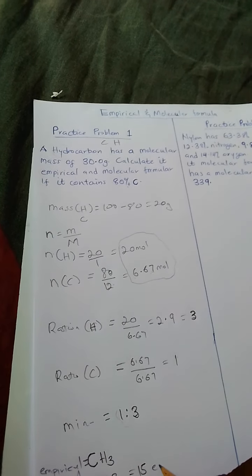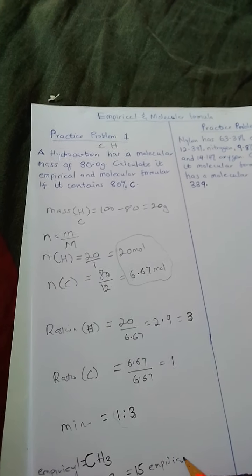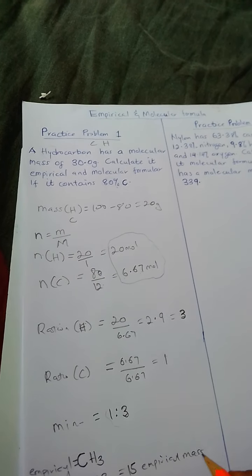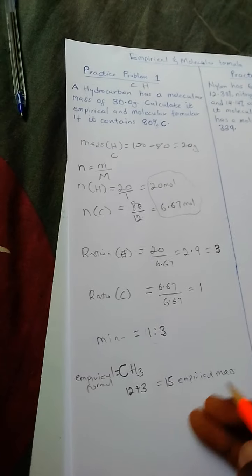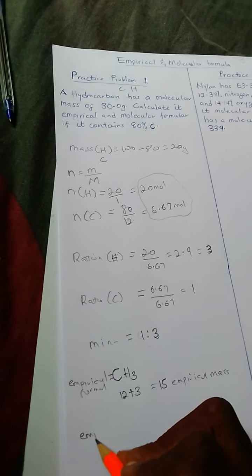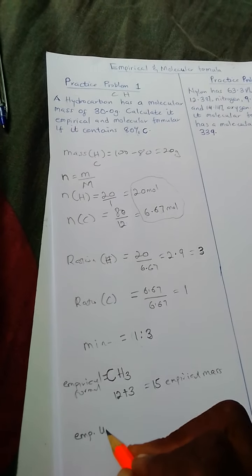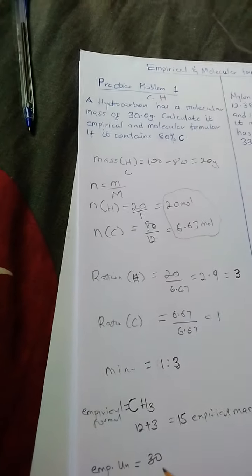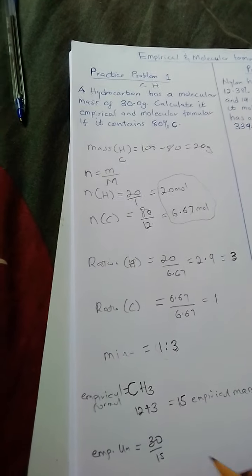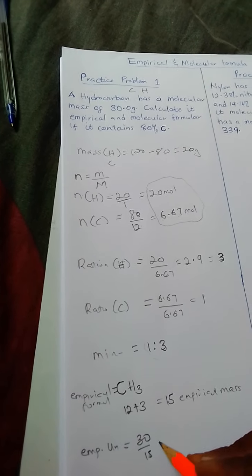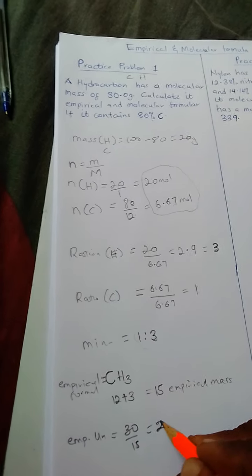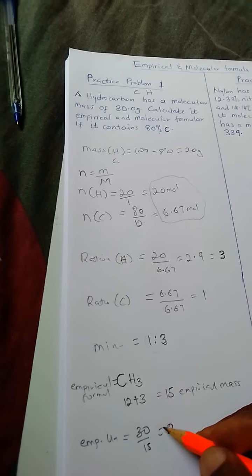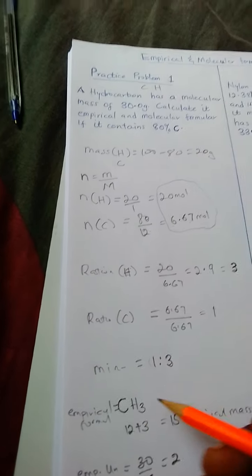So this 15 is the empirical mass. Therefore, the empirical unit is equal to 30, which was given in the question, over 15, which is 2.